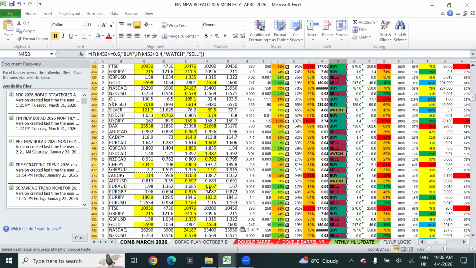So for now, AUDJPY. Let me update the prices. For AUDJPY, as the market continues, we will be able to expand from all sides.